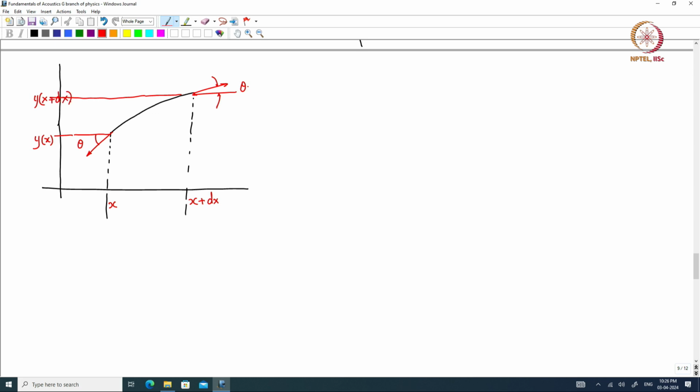Then this becomes theta at x plus dx, and this becomes theta at x, and this is the uniform tension T.